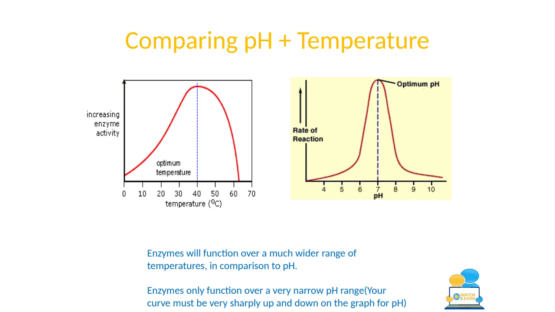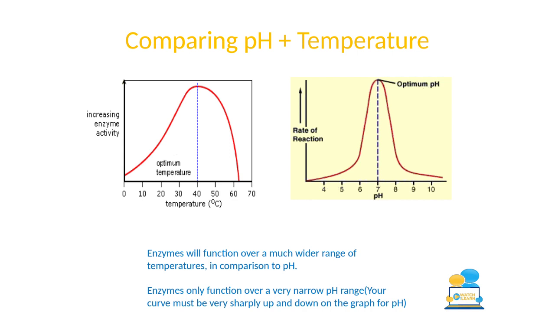The peak, as this diagram shows, for this particular enzyme is around 40 degrees. At just over 50 degrees, how would we describe what's happening to the enzyme? At over 50 degrees, the enzyme is beginning to denature, and over 60 degrees, the enzyme is completely denatured, which means it has lost its shape and it has lost its function.